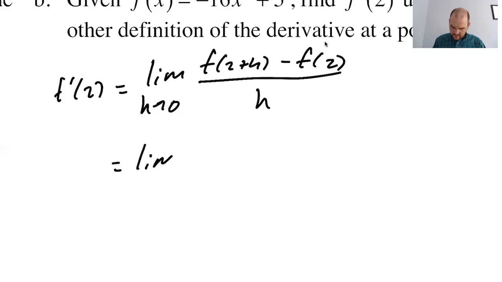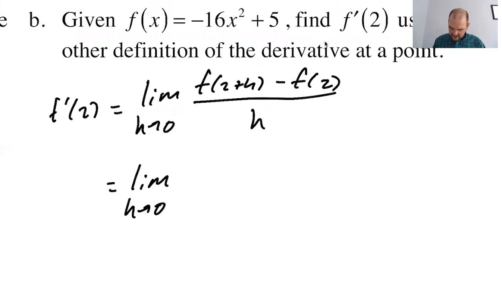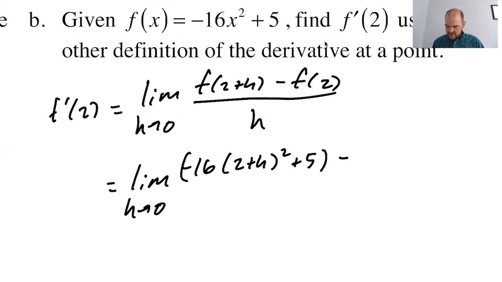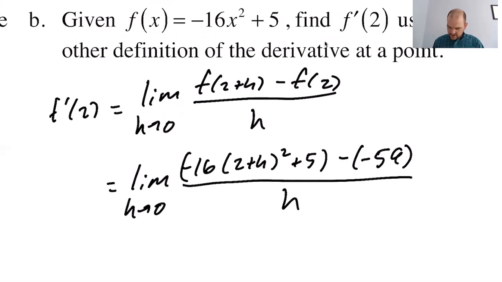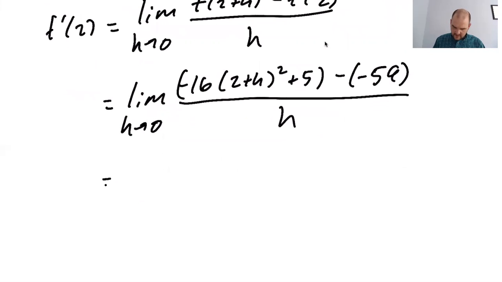The limit as h approaches 0. All right, f of 2 plus h. So this one's a little more annoying in general, I would say. We get this minus f of 2, which is still negative 59. And then all over h, okay, equals, do I expand? I think I'm going to go for it.